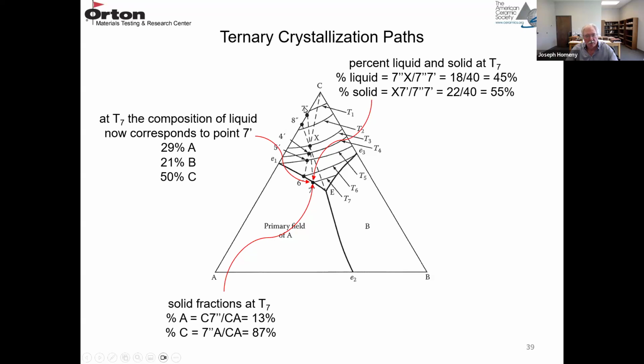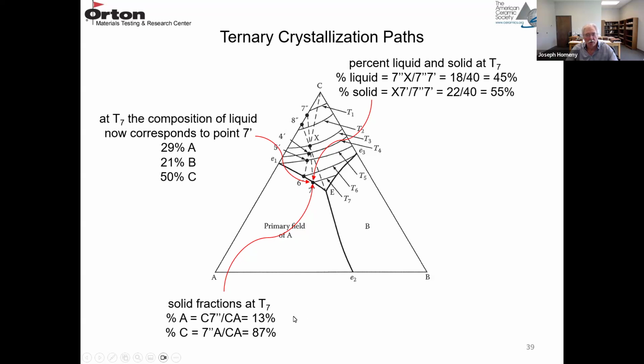So this segment, 7 double prime X over 7 double prime 7 single prime is 18/40 or 45% liquid. And then the percent solid would be X 7 prime over the whole length, 7 double prime, 7 prime, or 22/40 or 55% solid.